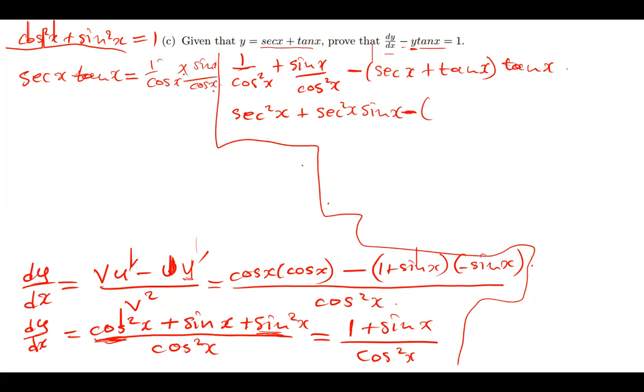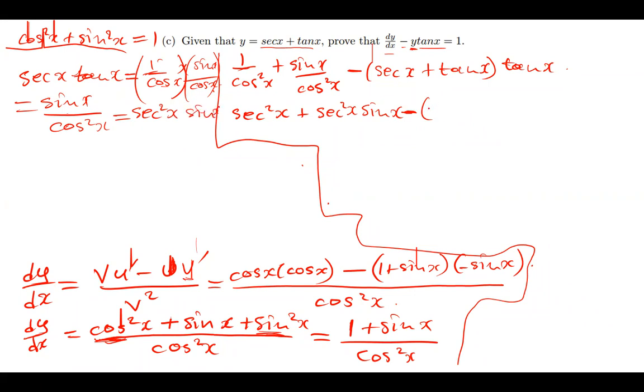When you multiply the two, you get 1 times sine x, which is sine x, then everything divided by cos times cos, which is cos squared x, and this can also be written as sec squared x times sine x.